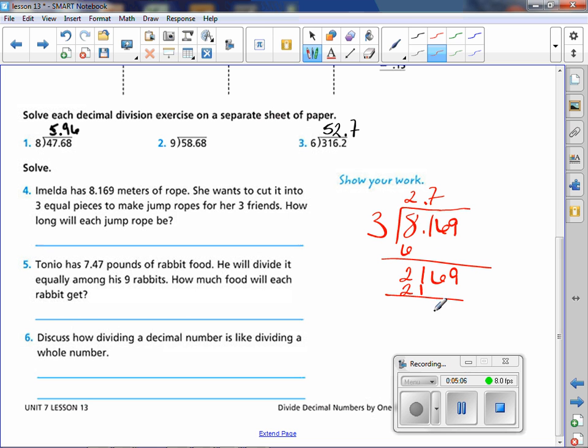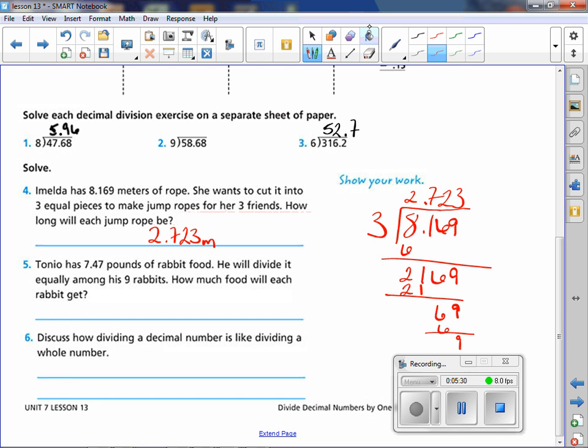Okay. 69, bring down 3 into 6 twice, right, which is 6. Bring 9 down. 3 into 9 3 times. So she's going to cut each rope into 2 and 723 thousandths meters.